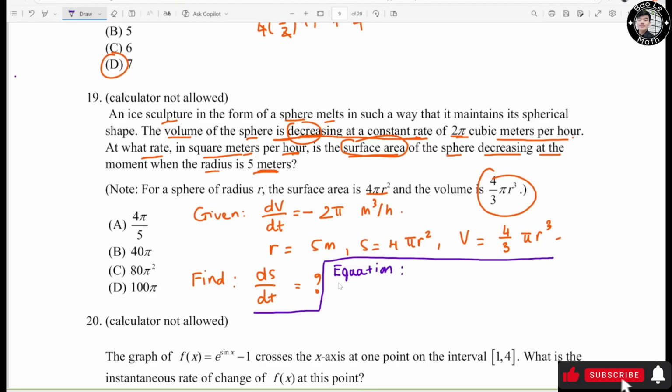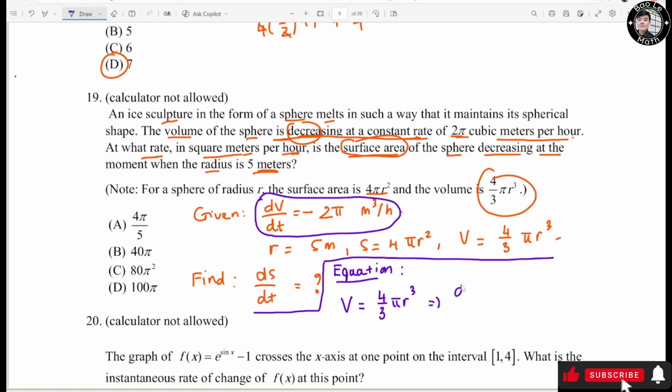So we have the equation V equals 4 over 3 pi r cubed. Why do we use this formula? Because you are given dV/dt, so we need to make use of this information. We take the derivative of both sides with respect to t.